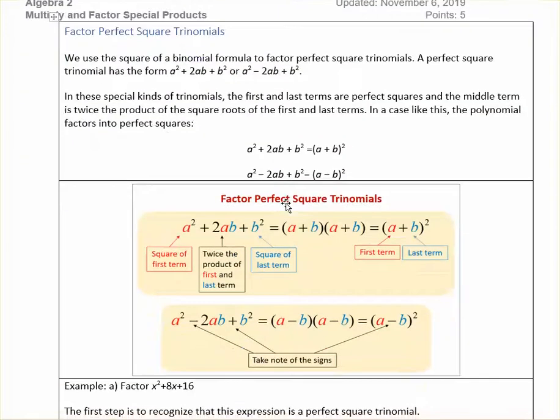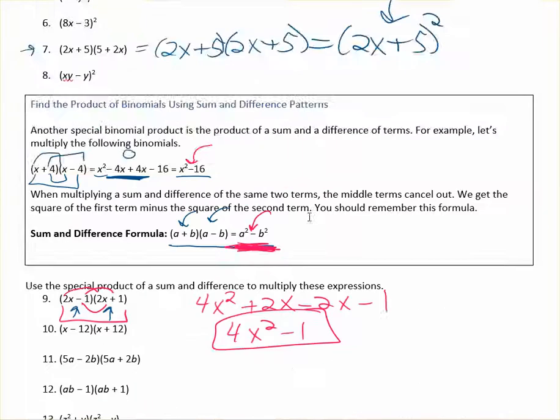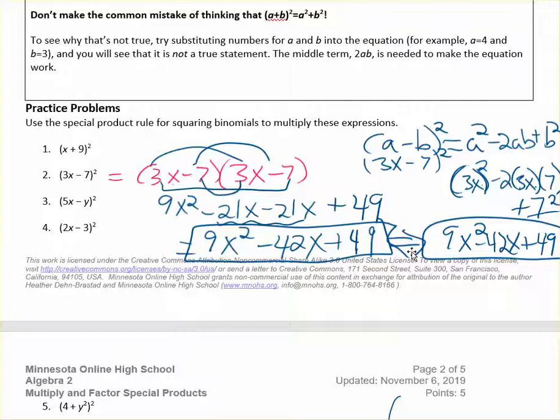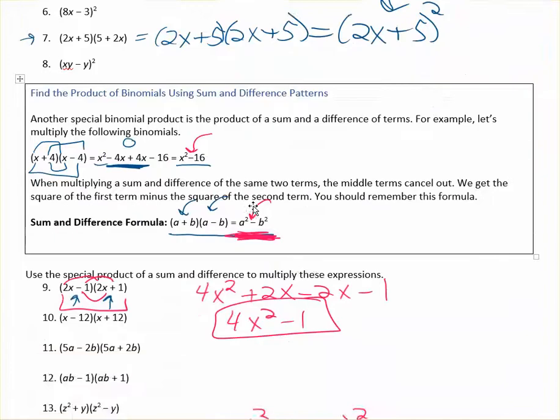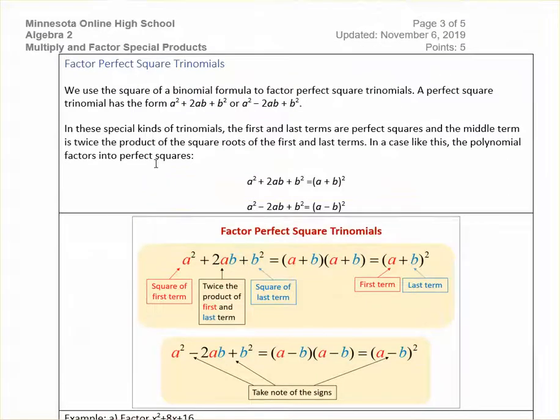All right, now we're going to factor. So we're going to take one of these kind of expressions, like this, or like these, and we're going to go backwards and try to write it as what we had to get to there as its factors. All right, so we're going to start with the perfect square trinomials.